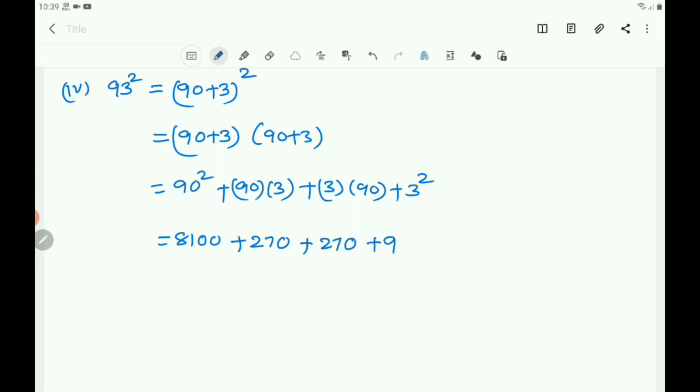Then find the sum of these four: 8100 plus 270 plus 270 plus 9. So you got 8649. So what is the square of 93? 93 square equals 8649.